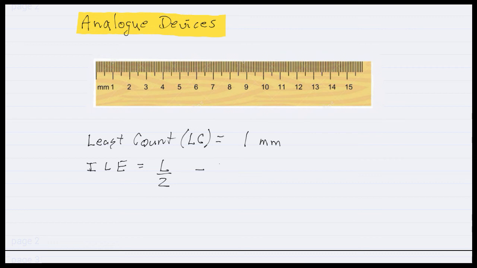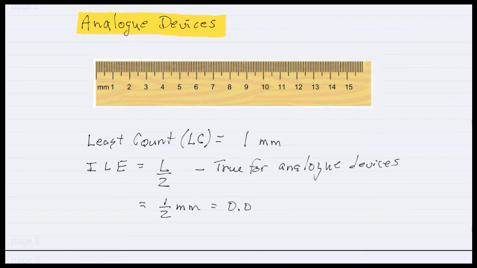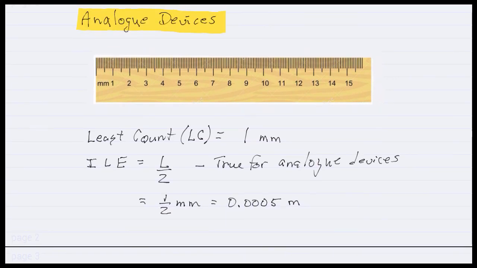So this is true for analog devices. Okay, so in our case, the ILE is going to be half a millimeter, or we can write it as 0.0005 meters.